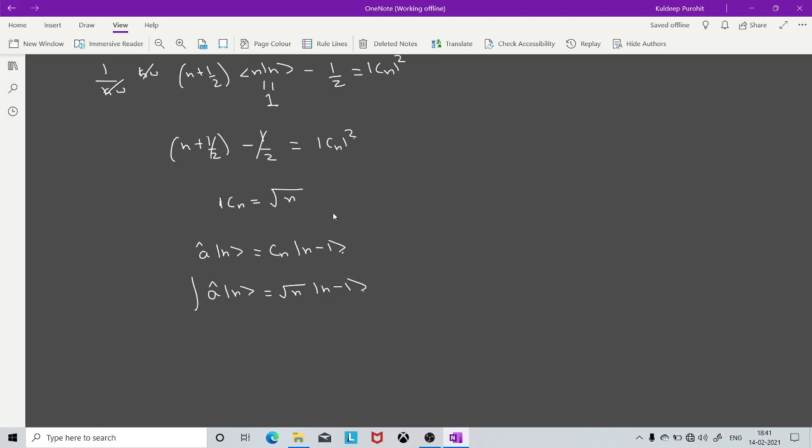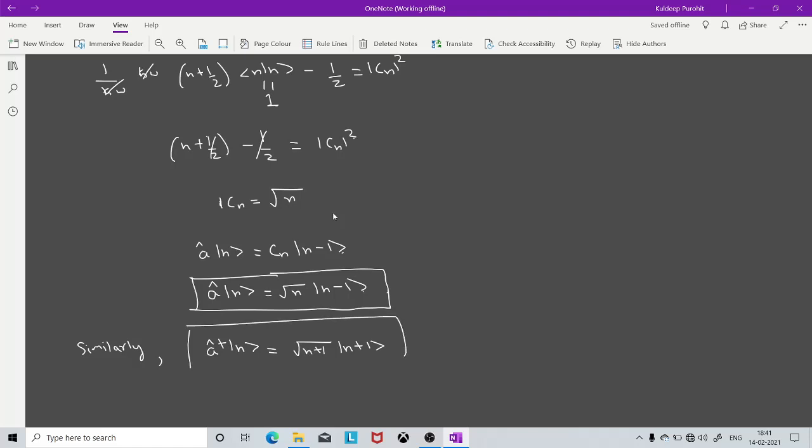This is a very important identity. Similarly, when you solve for dn, you will get A dagger operating on ket n is equal to root of n plus 1 ket of n plus 1. Here the coefficient will be under root of n plus 1.